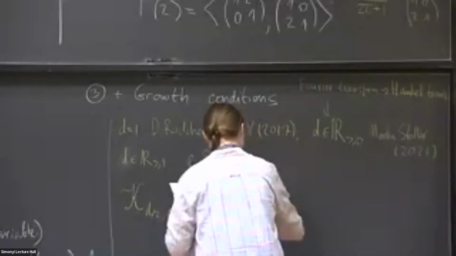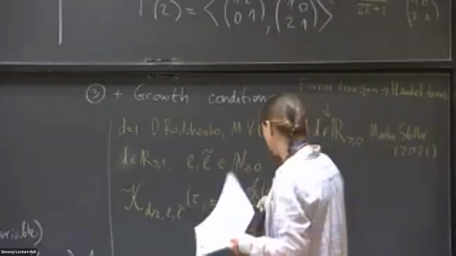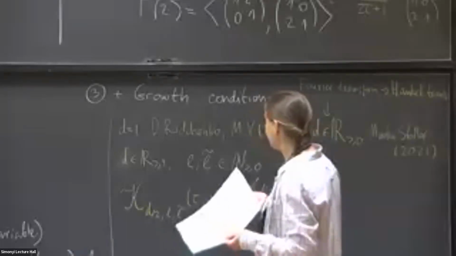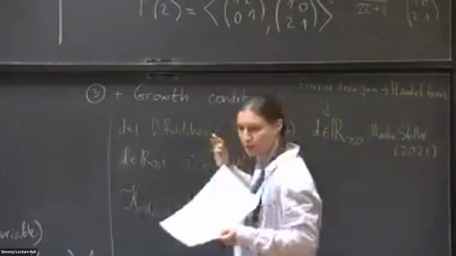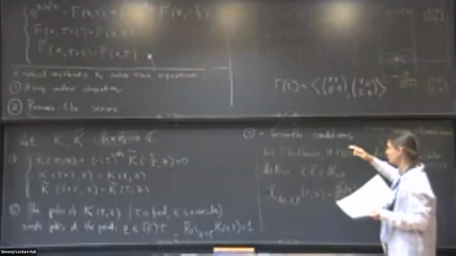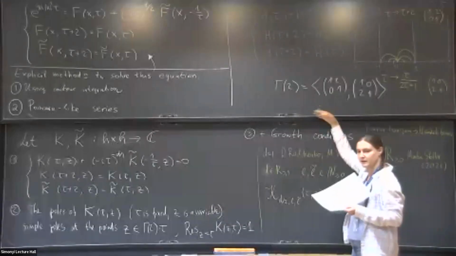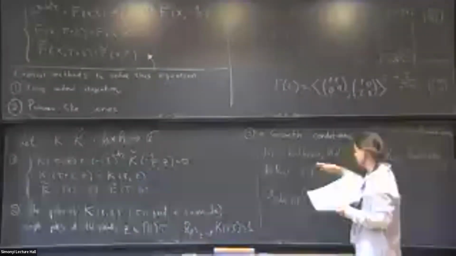So we take a modular lambda function. The modular lambda function is a function on the upper half plane, and it is a modular form of weight 0 with respect to gamma 2. Of course, it's not unique, but it is a Hauptmodul, in the sense that it generates all.